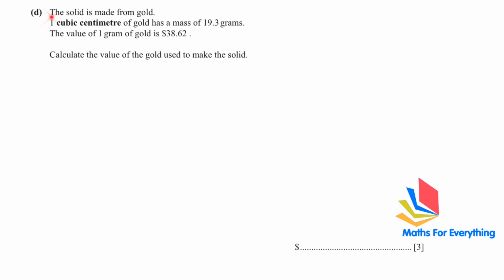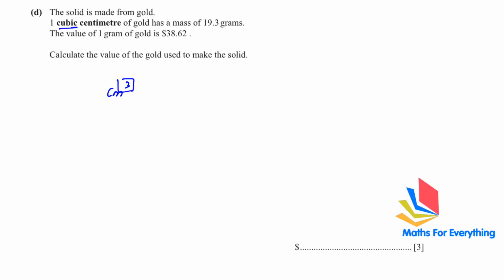Part D. The solid is made from gold. 1 cubic centimeter of gold has a mass of 19.3 grams. The value of 1 gram of gold is $38.62. Calculate the value of the gold used to make the solid. 1 cubic centimeter. If you don't understand what it means, if the power is cubic, it always means that it is related to volume.